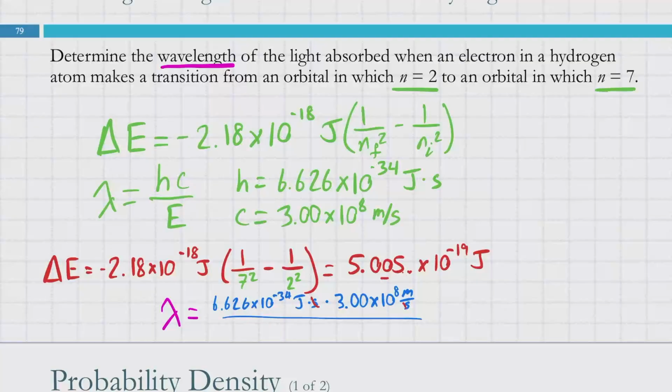So our seconds will cancel, and then we plug in our energy value that we just found. And a bunch of stuff cancels. Our joules cancel, our seconds cancel. We're left with units of meters.